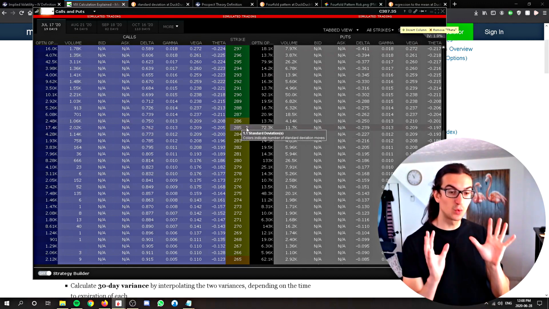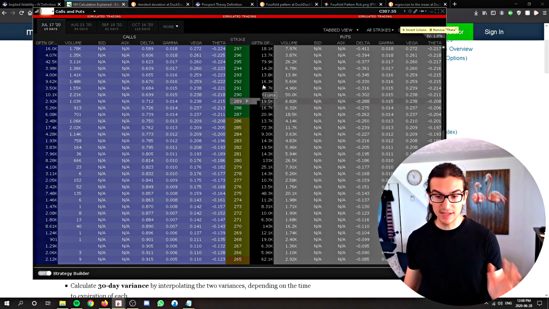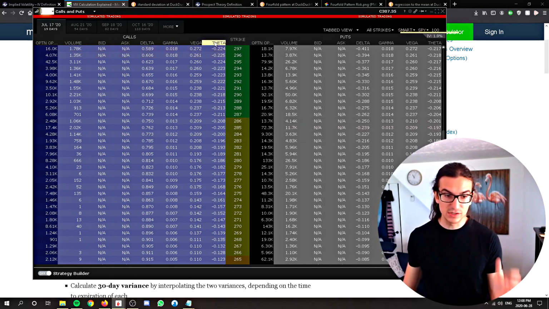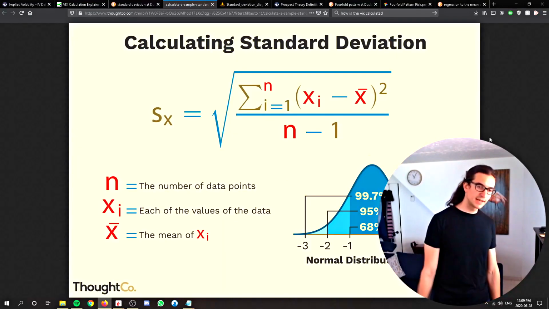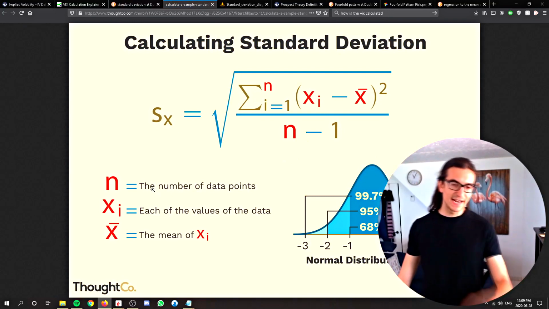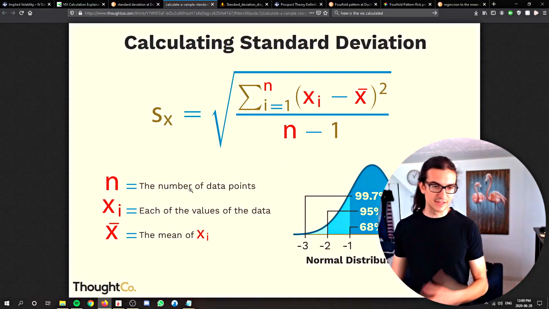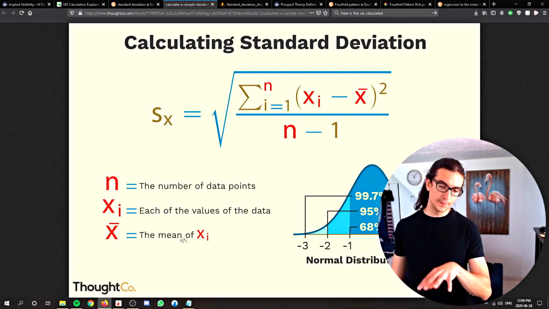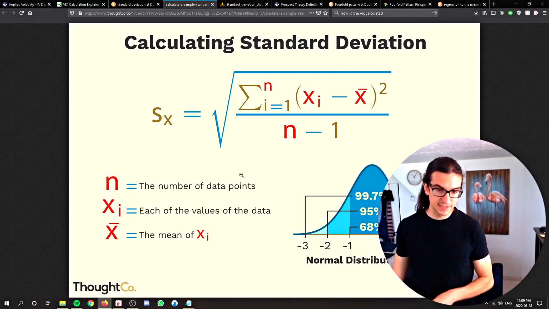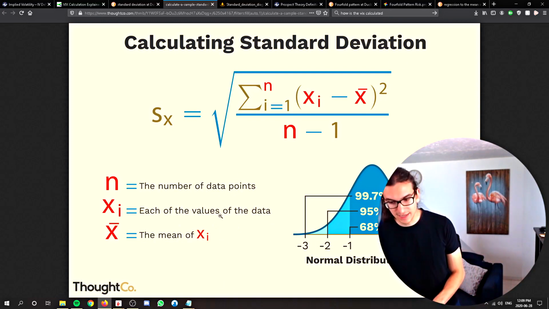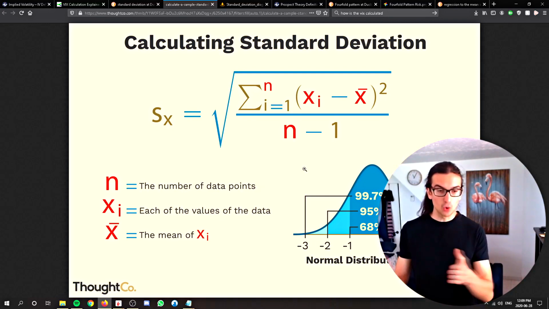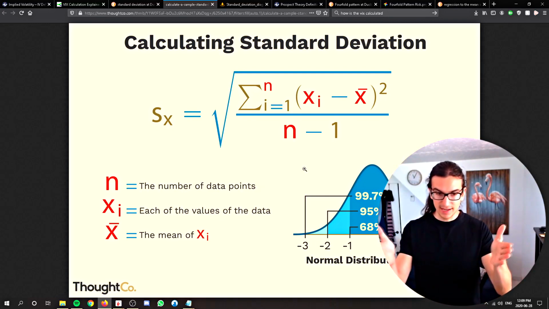Now that brings us to what standard deviation is. You need to understand what standard deviation is for this to make any sense. The three inputs to calculate standard deviation are the data points, the number of data points, the values of the data points, and the mean, which is the average of all the data points. Once you get all those things together, you can calculate where the majority of the occurrences tend to be.